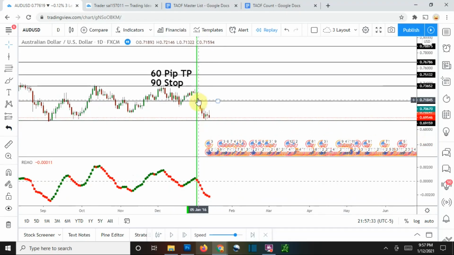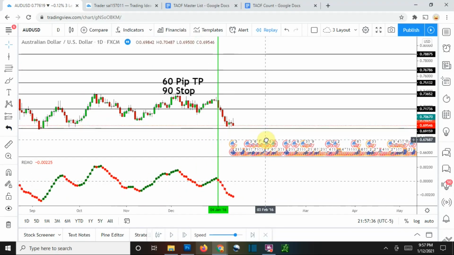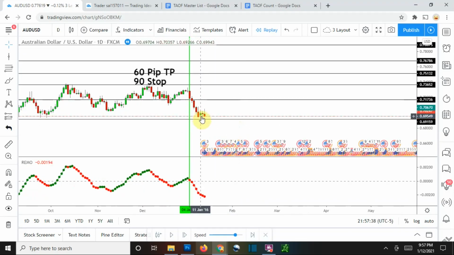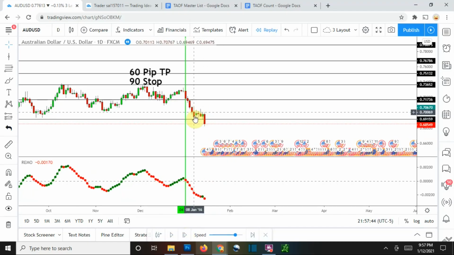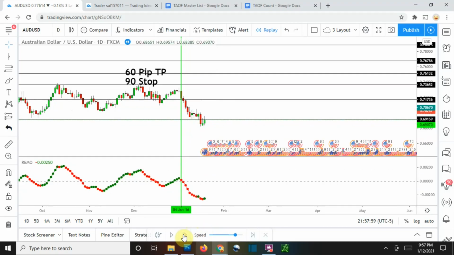In this case, it would be support because price action is coming down to it. It's going to be interesting to see what happens as it bounces along this level. See that spike down below right here. But the question is, is it going to maintain this position, or is it immediately going to be spiked right back up above? Let's see what happens.